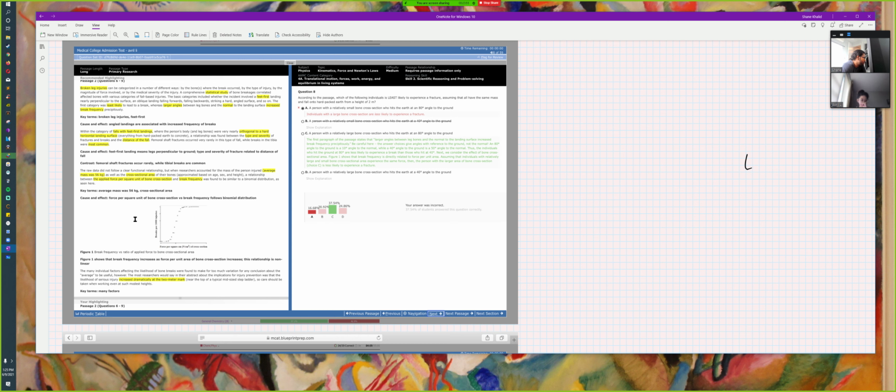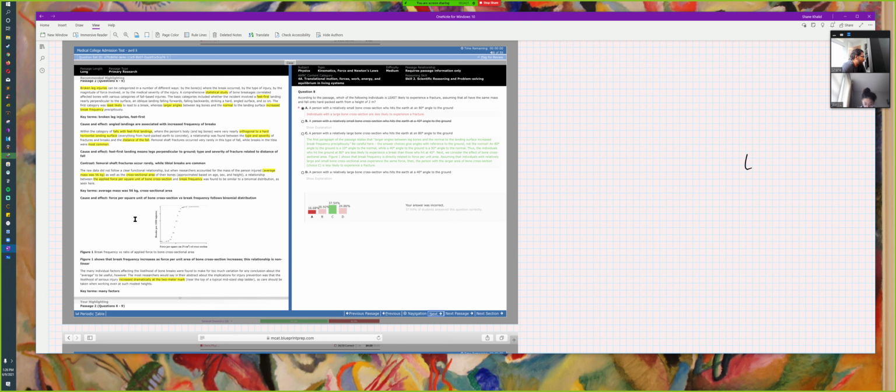I just didn't read the graph properly, I guess. And the graph doesn't help that much because it's a sigmoidal curve. It would only help if you knew that what they give you is the force per square unit and the break frequency.